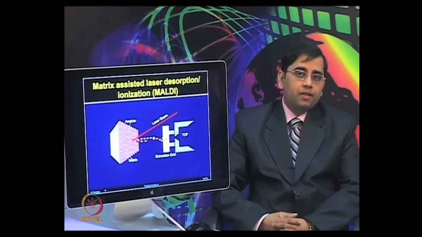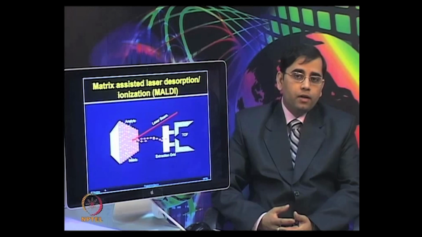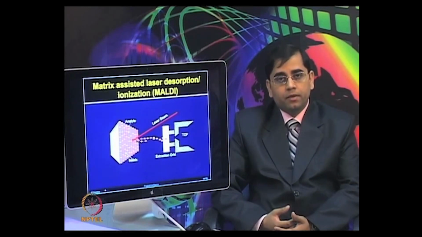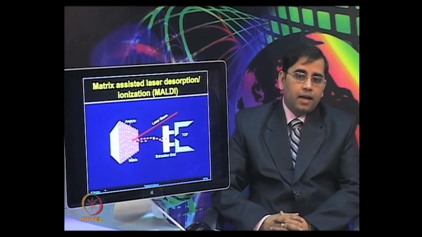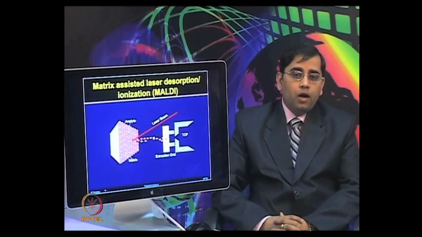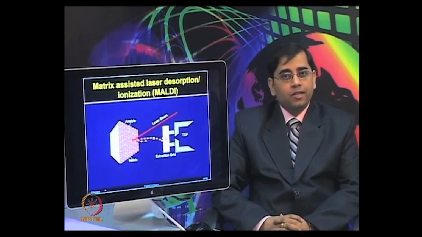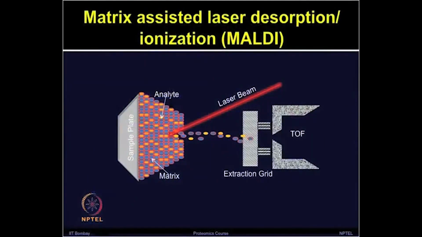Once you selected a matrix for the experiment, then analyte and matrix can be dissolved in an organic solvent, after which it can be placed on the metallic target. As you can see in the slide, the first left section shows you how to place the analyte and matrix together on the sample plate. Now, once you have placed the matrix and the analyte on the target plate, you can put that in the vacuum chamber and apply high voltage.